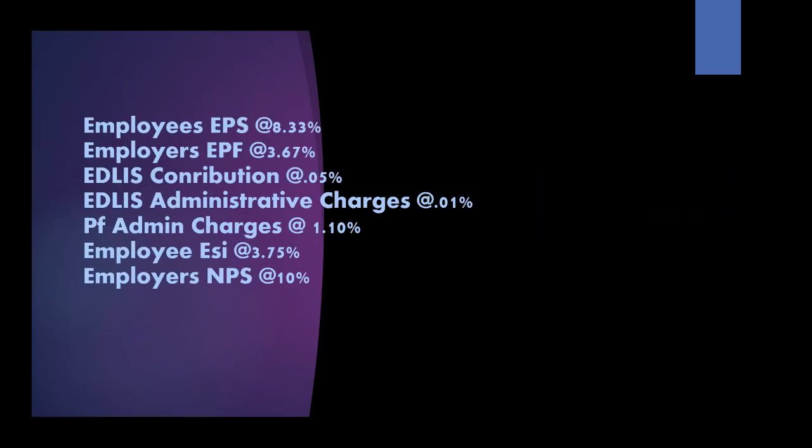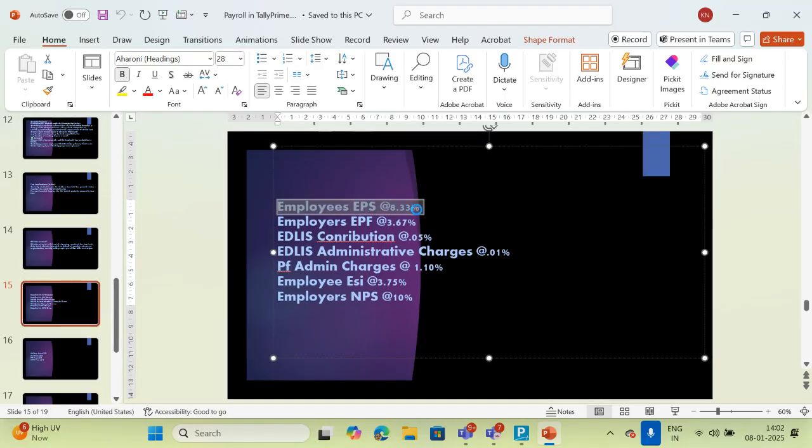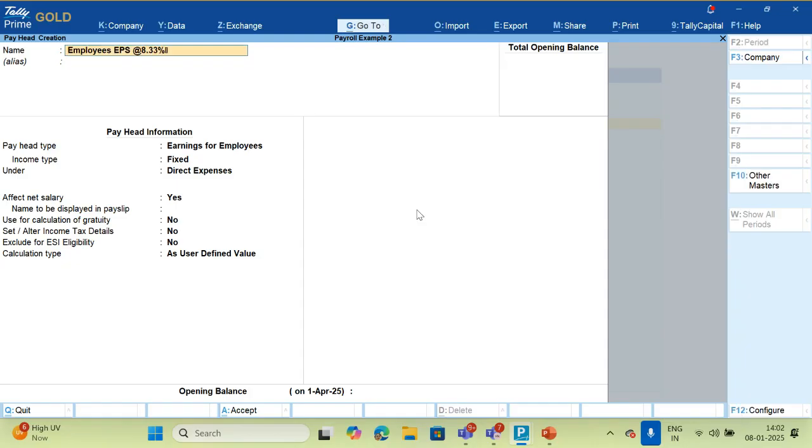Employee EPS, employee pension scheme, at the rate 8.33%. So I should copy from here and paste it. I don't want to write again and again.